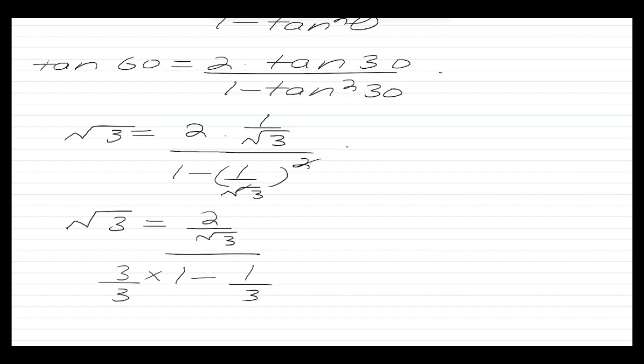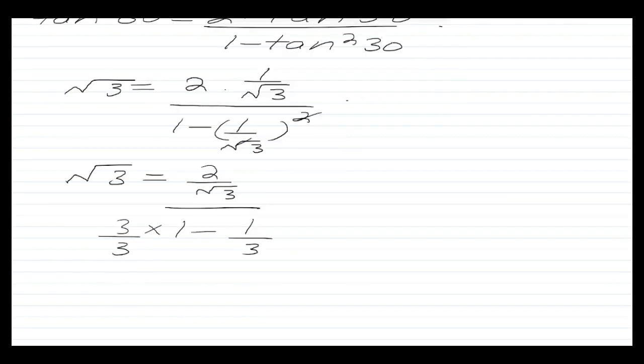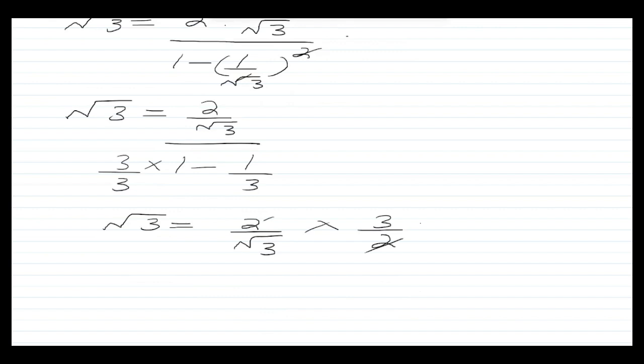Then this will go to the top so that the sign gets changed to multiplication. So under root 3 is equal to 2 divided by under root 3 multiplied by 3 over 2, because now it got flipped, and the 2 get cancelled, and we will have under root 3 is equal to 3 over under root 3.